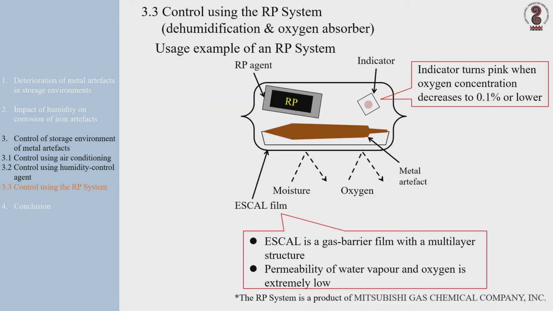Here is an overview of the RP system. The RP system is a method that controls the environment by enclosing an artifact together with an RP agent inside a gas barrier film called ESCAL. By adding an oxygen indicator, which is a pink tablet, you can check the concentration of oxygen inside.